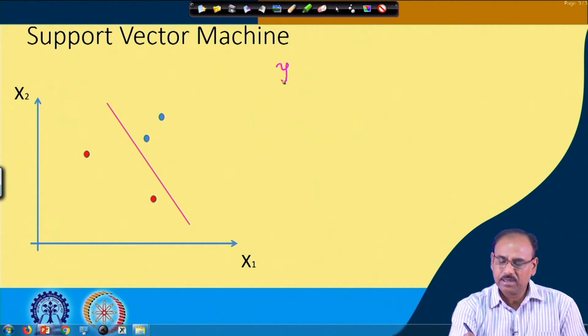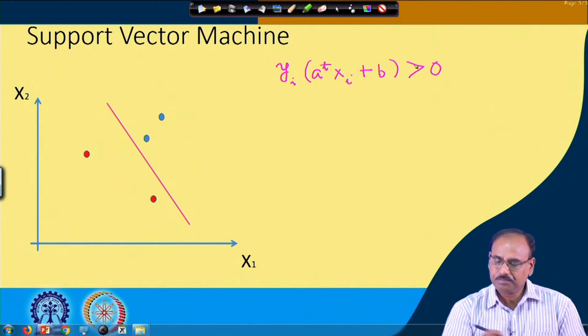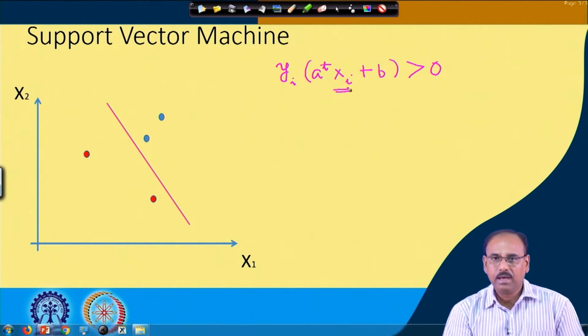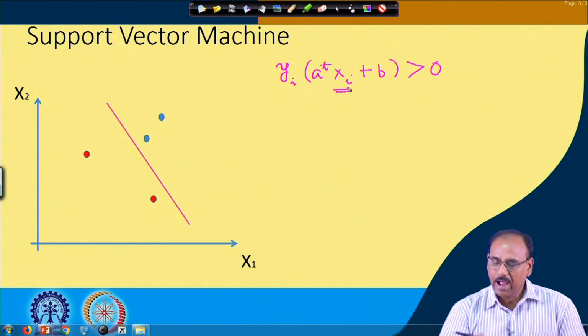I can write that y I times (A transpose x I plus b) will be greater than 0 if x I is correctly classified by the separating plane A transpose x plus b equal to 0, and this will be less than 0 if x I is misclassified by the separating plane.